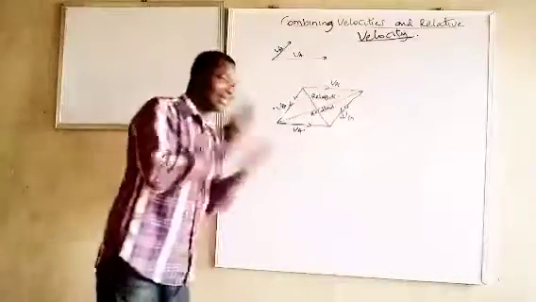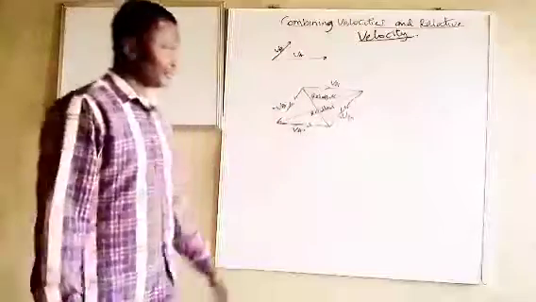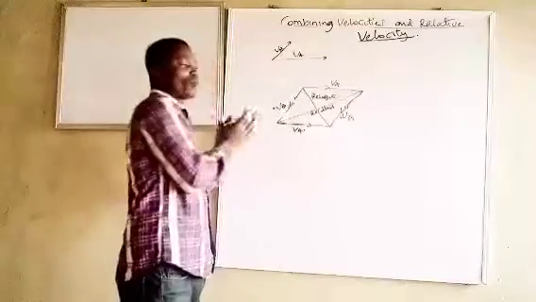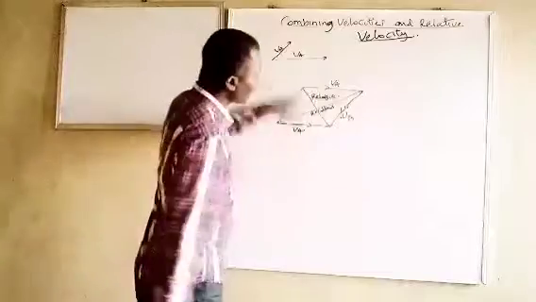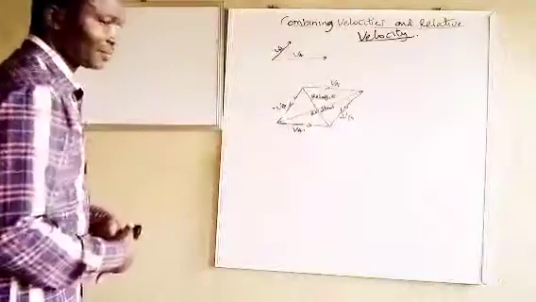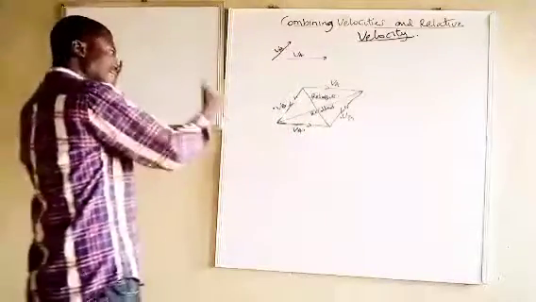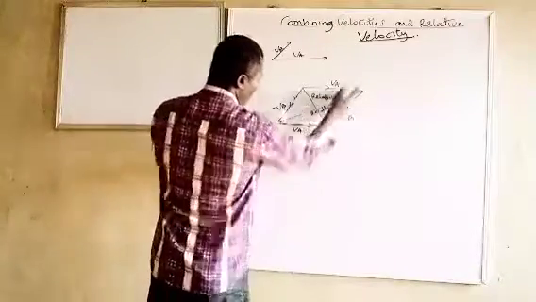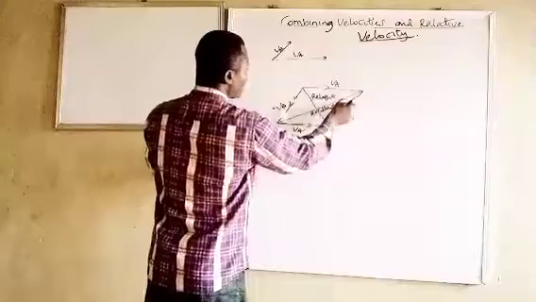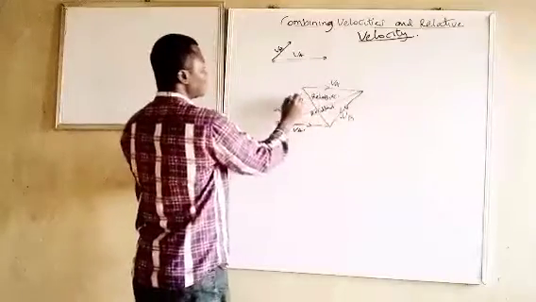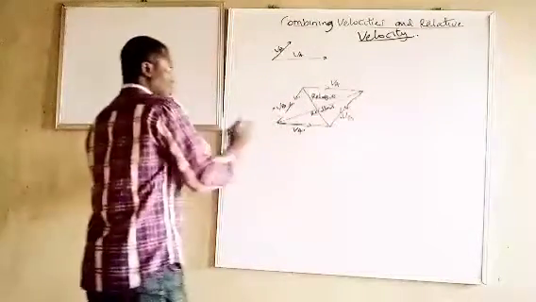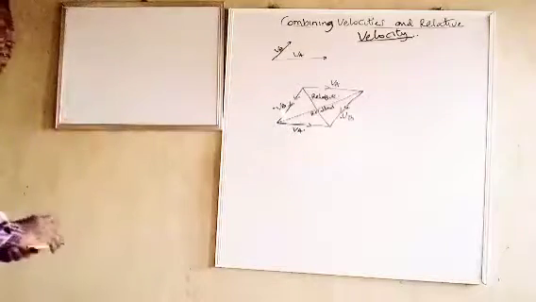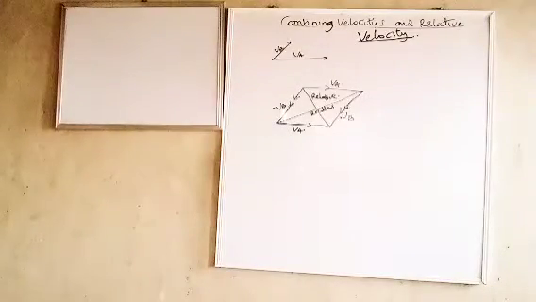There are two diagonals in the parallelogram. When one diagonal represents the resultant, the other diagonal represents the relative. So if you are talking about velocity, velocity A plus velocity B, when VB goes up. But when VB comes down, you can see this will be the relative, and this will be the resultant. Now, I just want to point that out so that when we are into the examples, you find it very easy to handle.